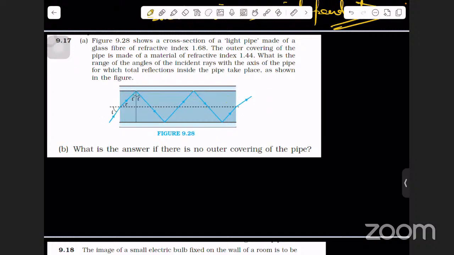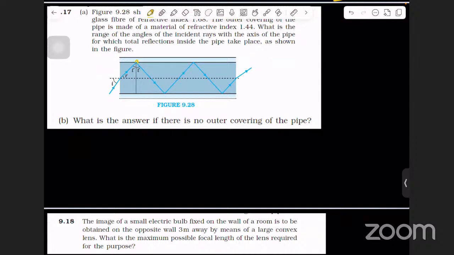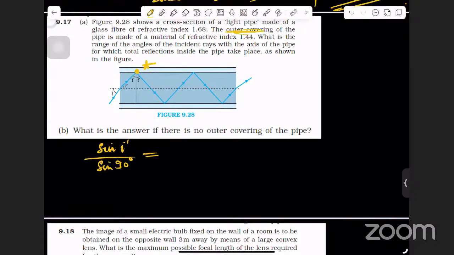All right, so write the equation for this point. For this point, let's say A, we have sine I dash over sine 90 degrees for TIR. The refractive index of the outer covering will be in the numerator, divided by 1.68.